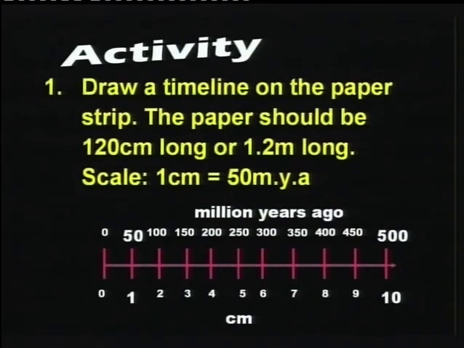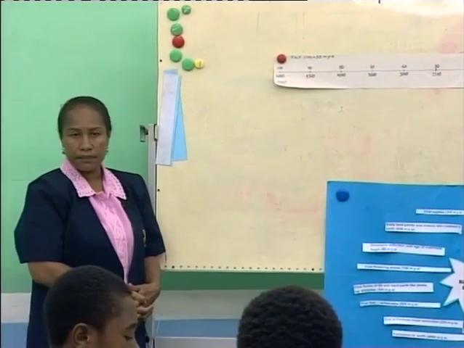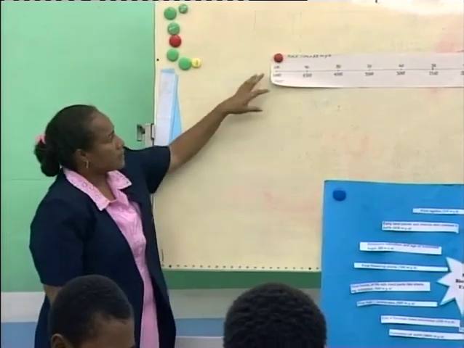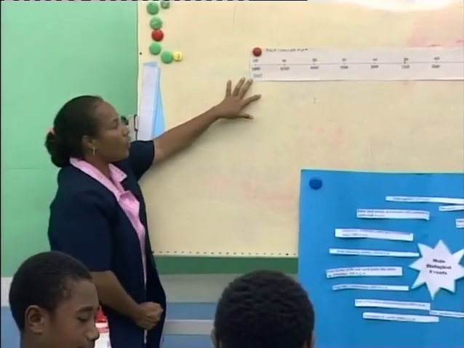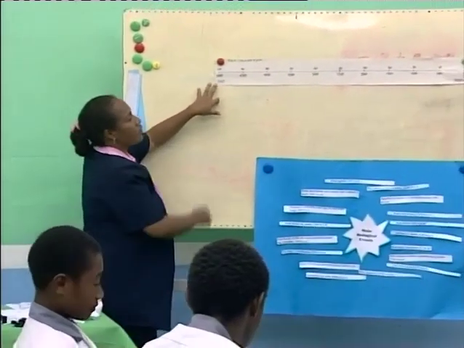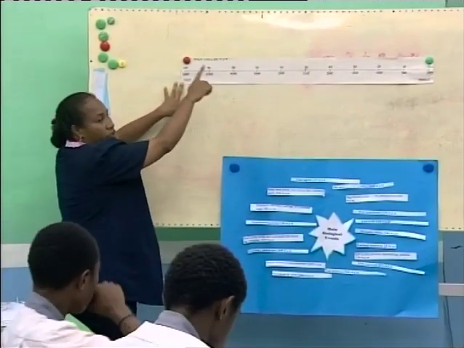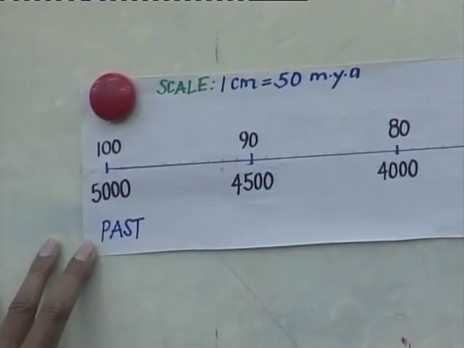All right, I have a sample to show you on the whiteboard. This is the strip of paper, and I've decided to go horizontally. You can draw your timeline vertically.